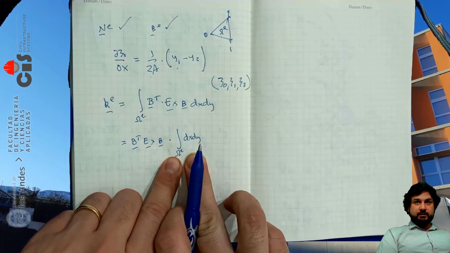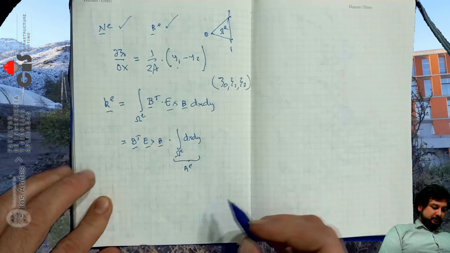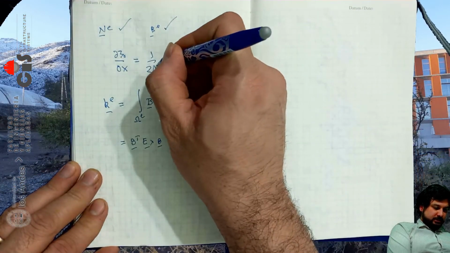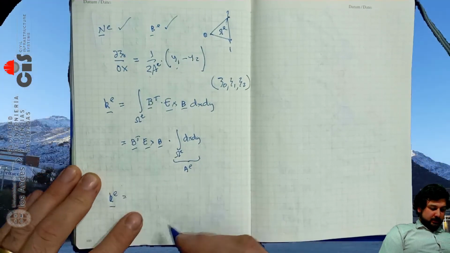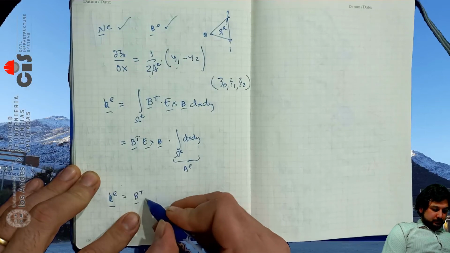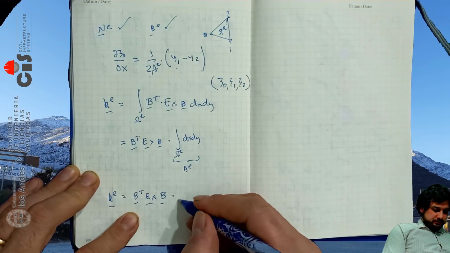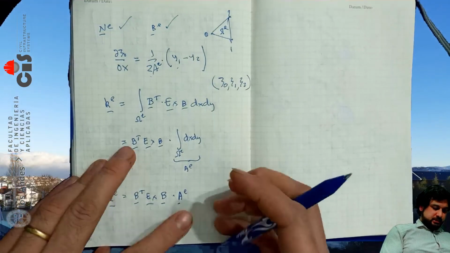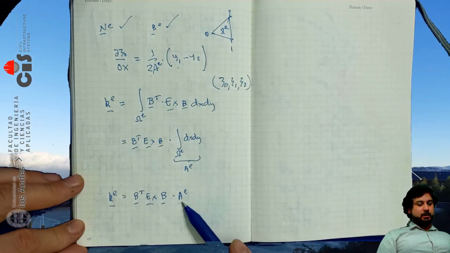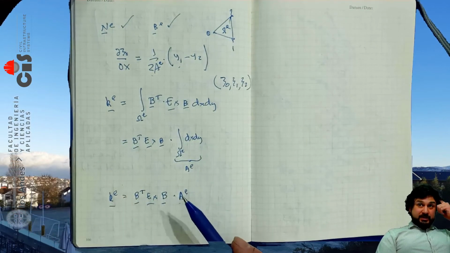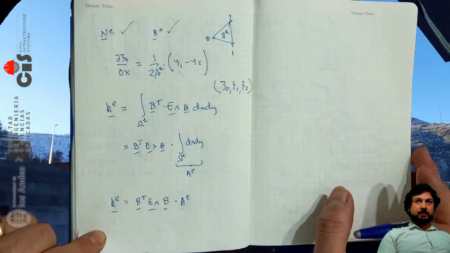And this is just the area of the element. So this is area, which is the same area we have up there. So the stiffness matrix of the constant strain triangle is this expression, which is the only element that has a nice closed form solution for its stiffness matrix.